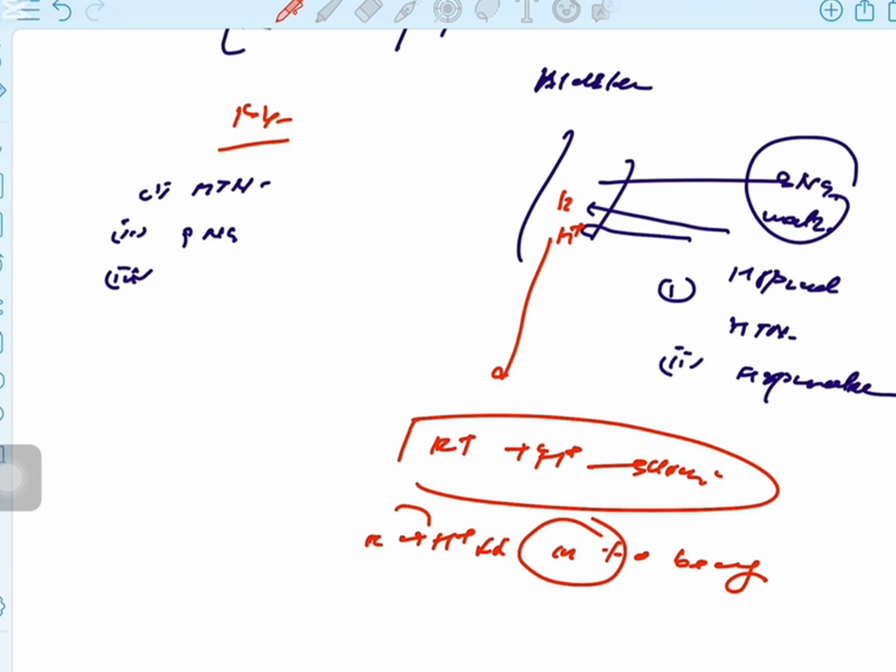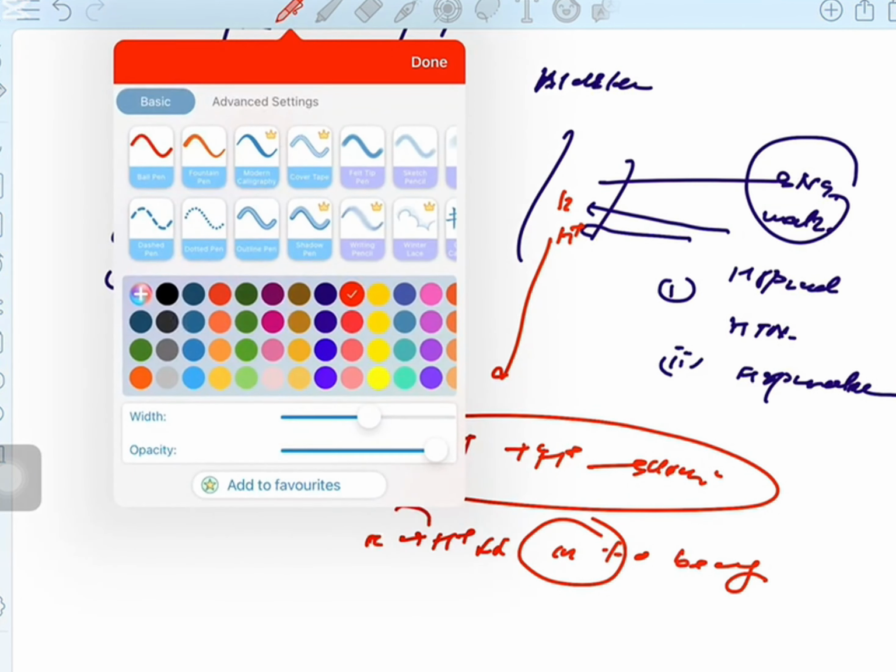Where H+ is present, it means that site is in an acidic condition. For example, we know that in hyperaldosteronism, H+ mostly goes into the urine. So the urine will be acidic, but the body will be alkalotic. So this condition is known as metabolic alkalosis.